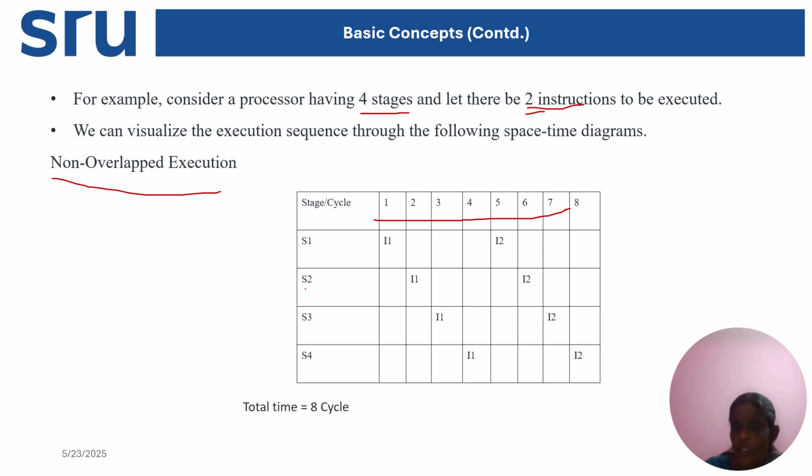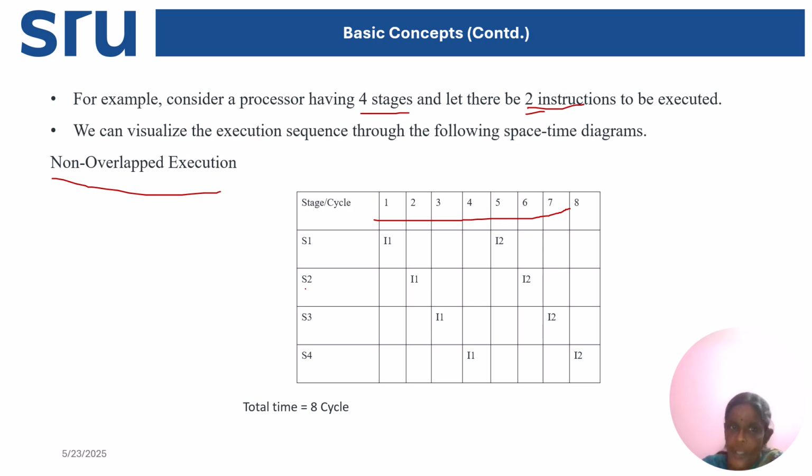For one clock, one stage of the instruction is performed. The second clock cycle means the second stage of the instruction is executed. In the same way, for every stage operation, we need one clock cycle.